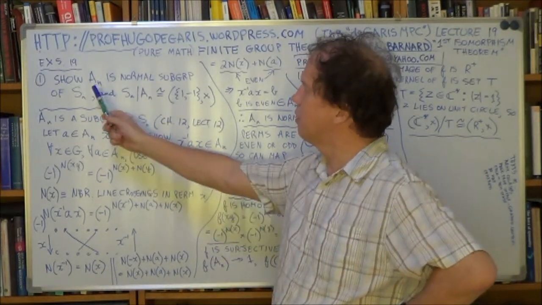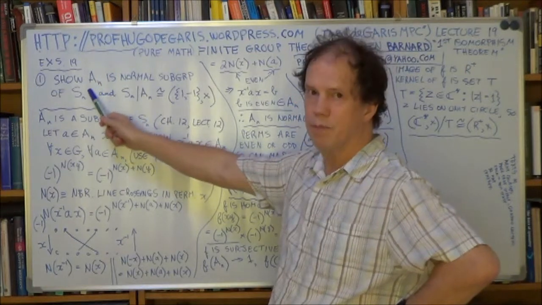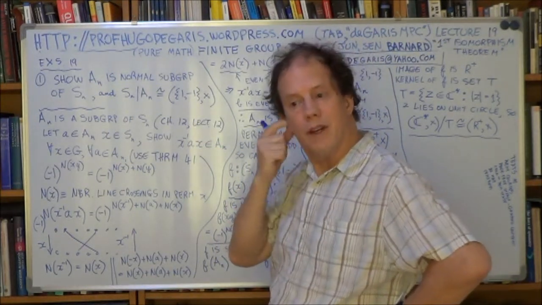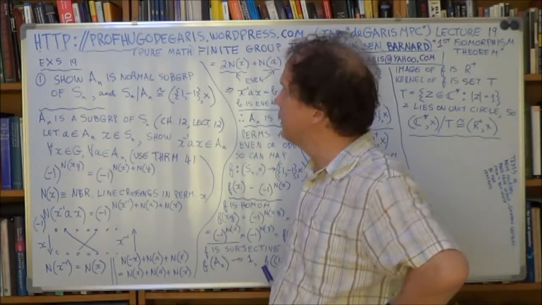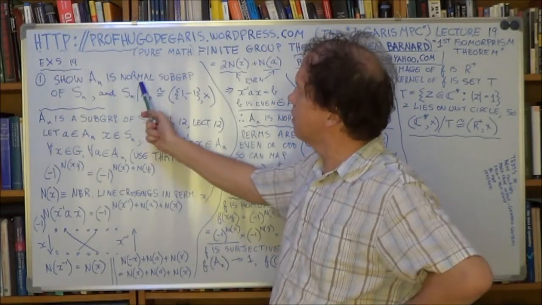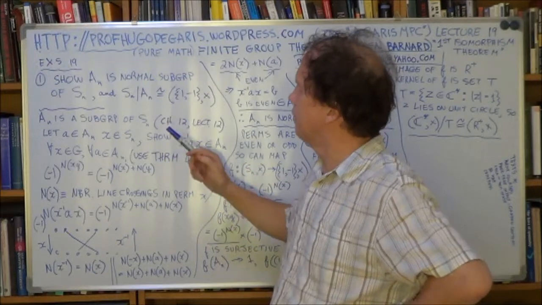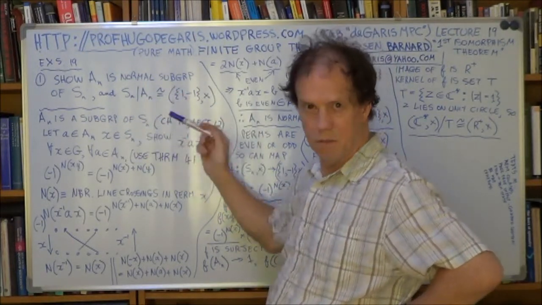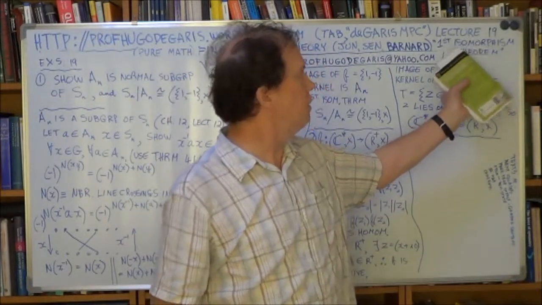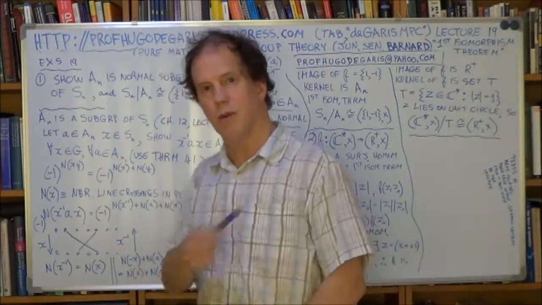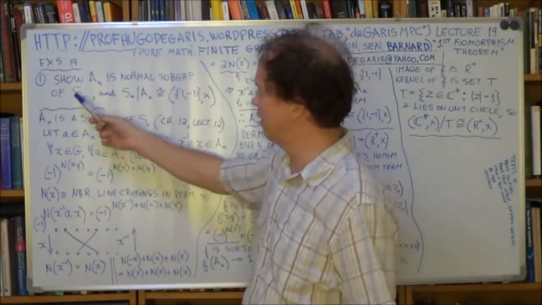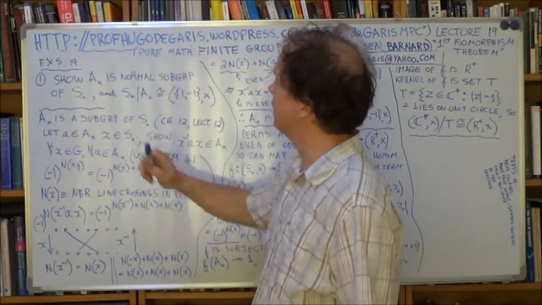So you're asked to show that the alternating group, that's the subset, in fact subgroup, of even permutations, is not just a subgroup but a normal subgroup. Given that we're in chapter 19 on the first isomorphism theorem, we will use that as part of this question, of course, because it's one of the questions of chapter 19.